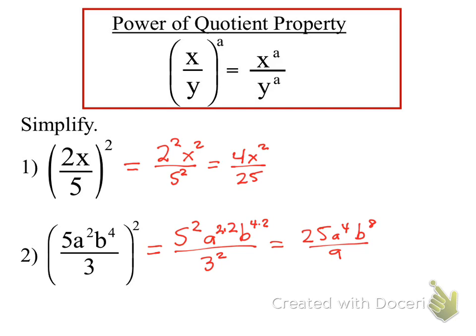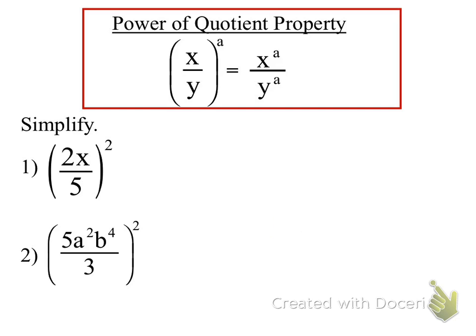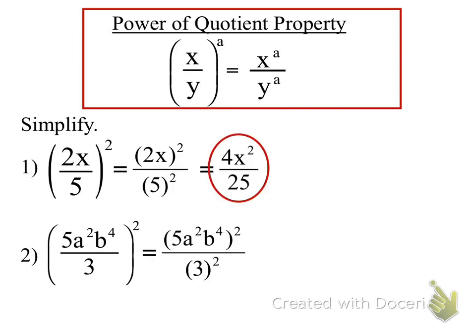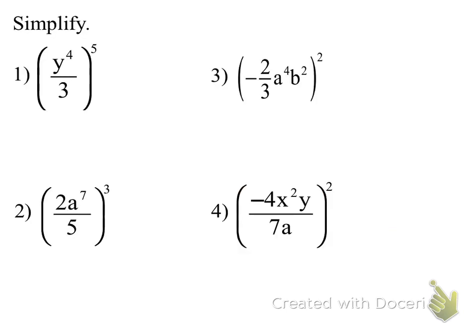All right, let's do some more practice. Okay, pause the recording, try the next few. All right, now check your work. So the first one would be y to the 20th over 3 to the 5th, which is 243.